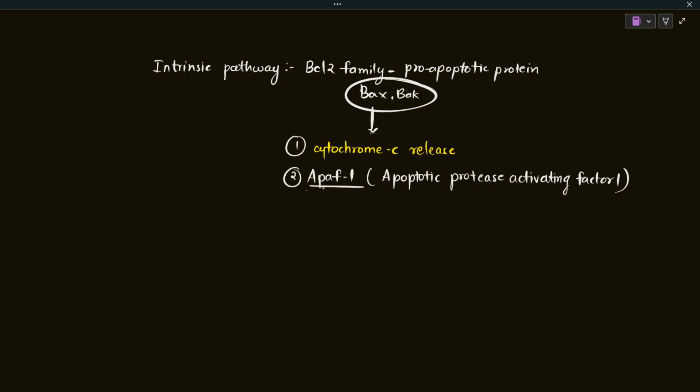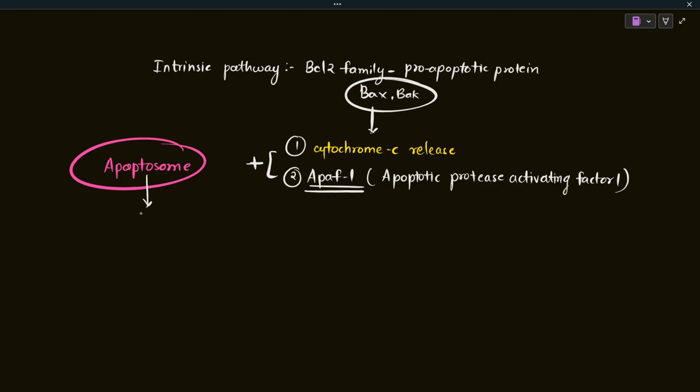So it forms a multi-protein complex. Cytochrome C plus APAF1, this multi-protein complex, is called the apoptosome. What is the apoptosome? The multi-protein complex of cytochrome C and APAF1.